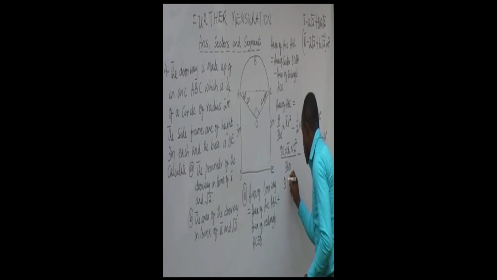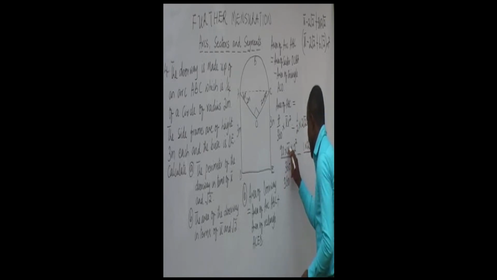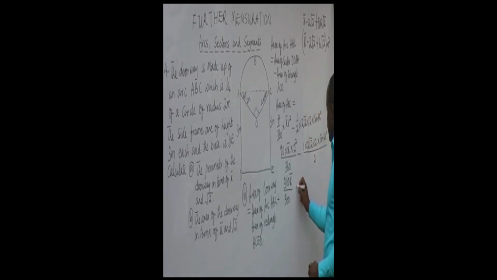So in the numerator we have 360 pi, all over 360. Then minus 1 times 2 is 2. 2 times 2√2 will give you 4√2 times sine 45, which in short form has the same value as 1 all over √2.